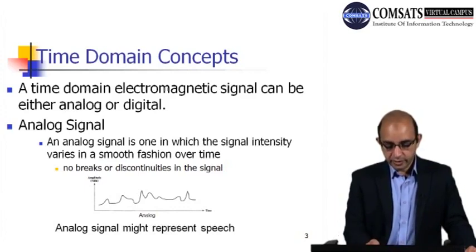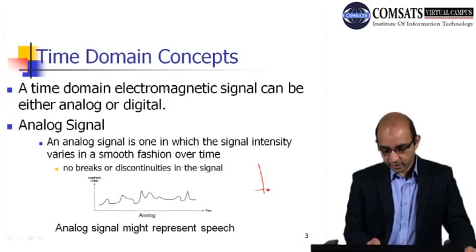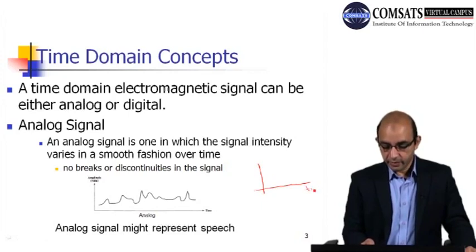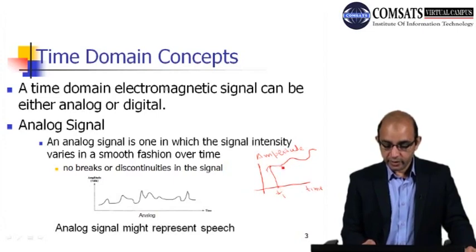For example, if we talk about another form of signal, if this is time and this is the amplitude on the y-axis, then for each point in time, for example t1 and t2, we have taken these two points, and you can see that at those two different points in time the signal is varying.